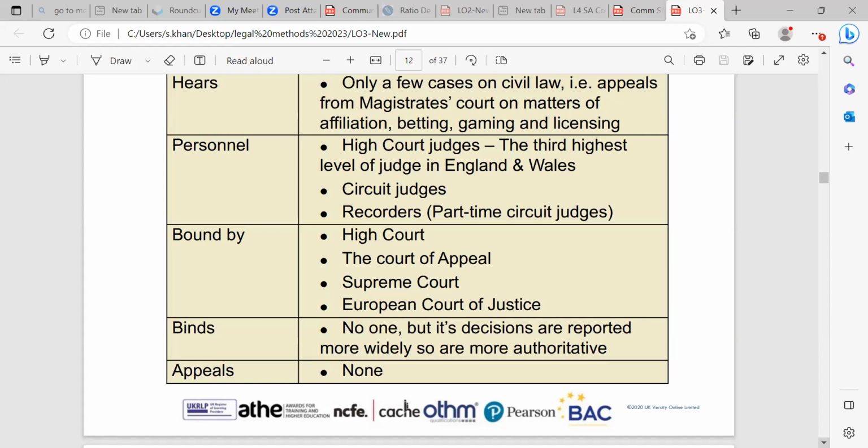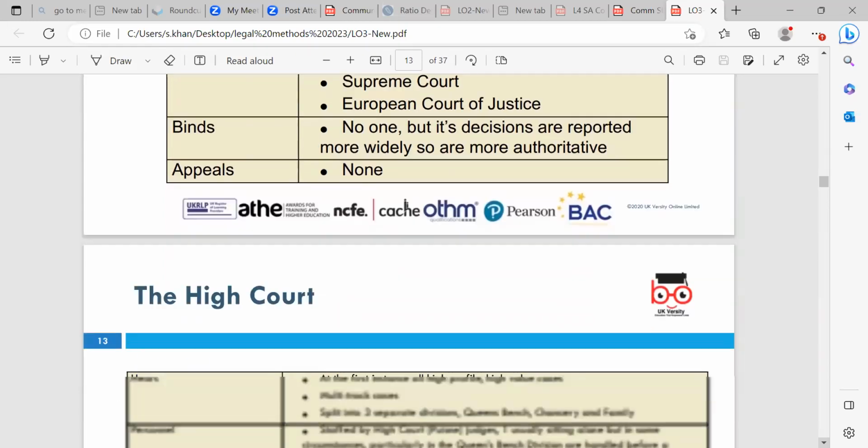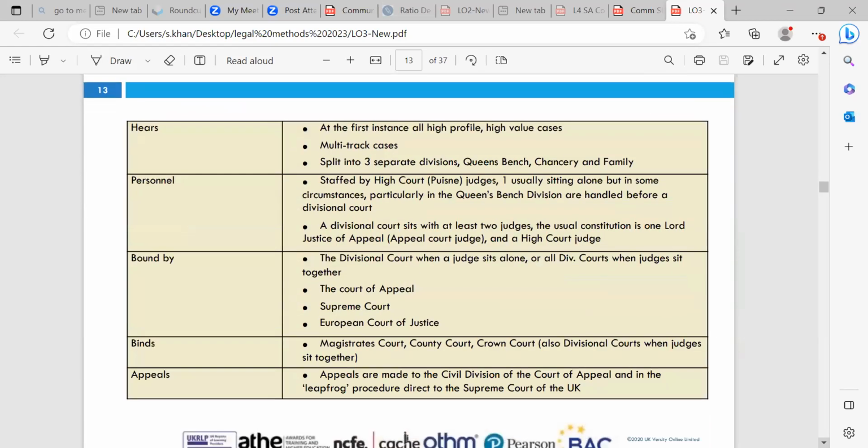It binds no one, but its decisions are reported more widely, so are more authoritative, and it appeals to none.